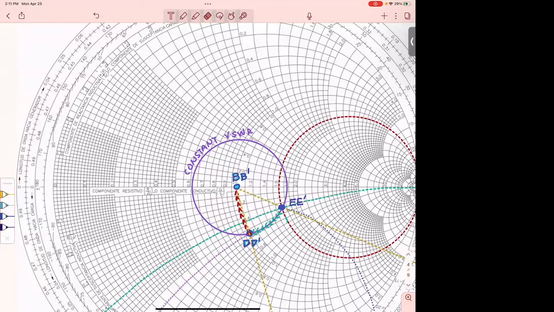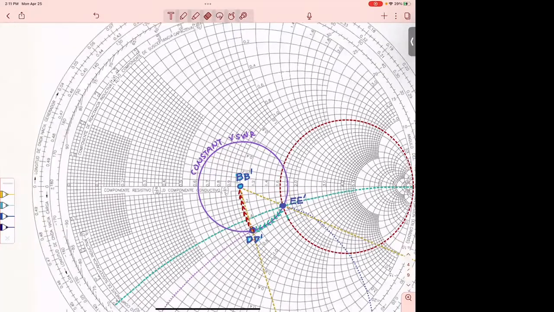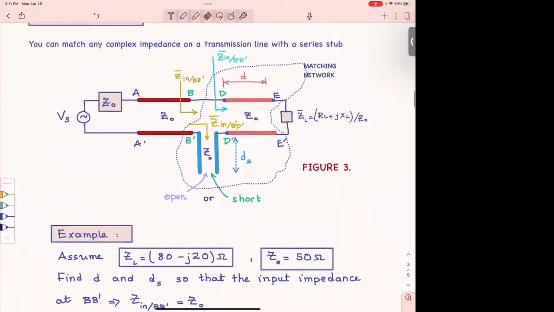Now, I found that, but how am I going to translate those 2 movements into what I need to use in my design? What do I need in the design? The 2 dimensions, the 2 distances, D and D sub S.